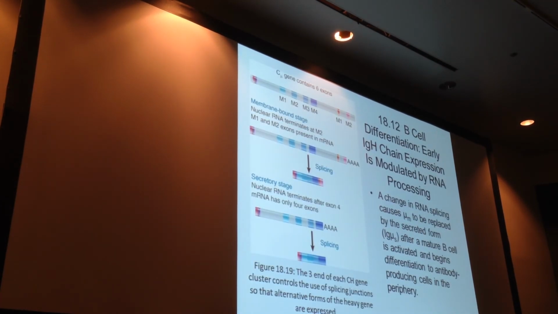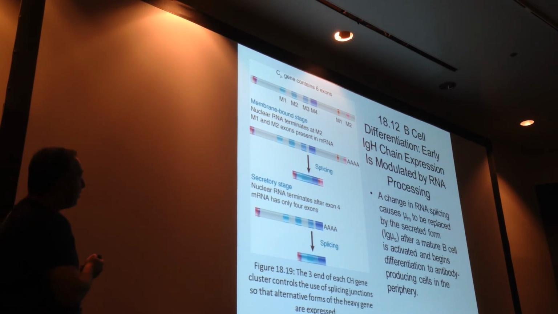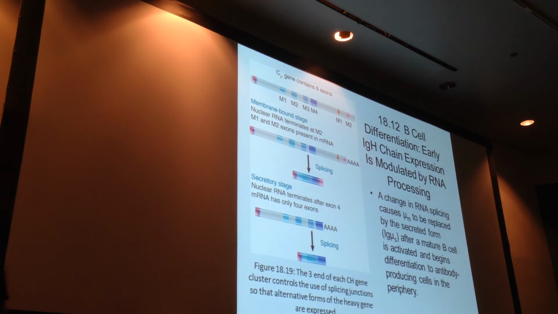So this is again what I showed you. Here are the splicing events. This is the membrane-bound form that initially gets made. Eventually, you undergo what's called class recombination, where you switch from the membrane-bound form to one of the secretory forms.